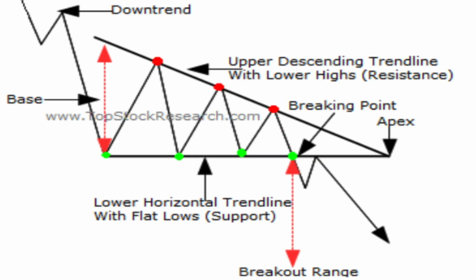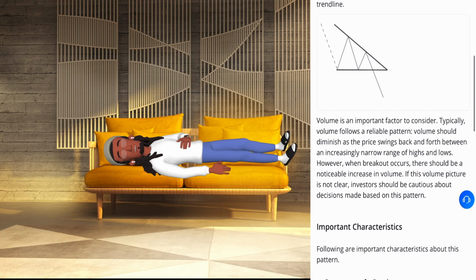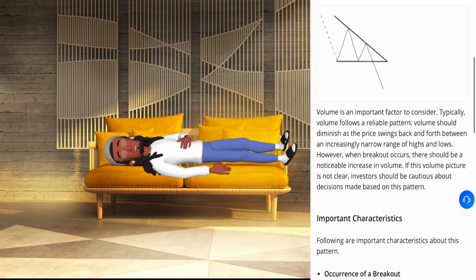The general rule is that prices should break out, clearly penetrate the lower trend line, somewhere between 3/4 and 2/3 of the horizontal width of the formation. The breakout, in other words, should occur well before the pattern reaches the apex of the triangle. The closer the breakout occurs to the apex, the less reliable the formation.